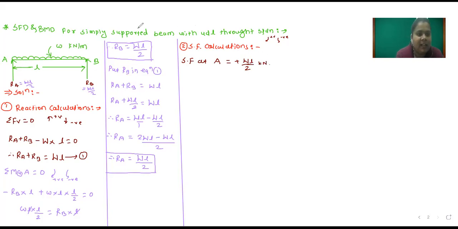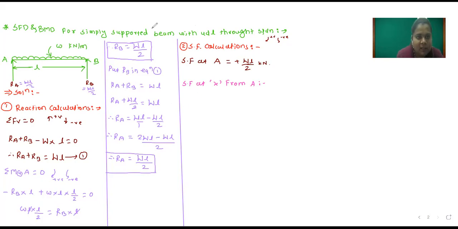Next we will find out shear force at X distance from point A. From this point A, we will take a section at X distance.